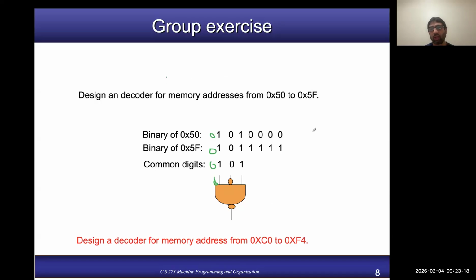Thank you, everyone. So let me do it quickly here, right? So 0xC0. When I write its 8-bit binary, it will be 1, 1, 0, 0, and then 4 zeros, right? And when I write the binary of F4, it's definitely hexadecimal, so it will be 1, 1, 1, 1, and 4 will be 0, 1, 0, 0. Now we need to keep which part?